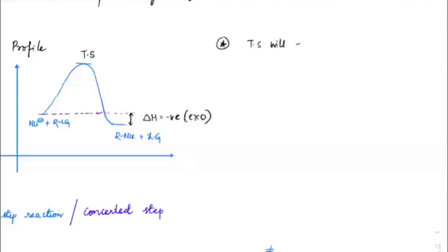And you know that is Hammond's principle. According to Hammond's principle, the transition state will always have structural similarities with its nearest neighbor. So in this case, for this transition state, the nearest neighbor is the reactant, which is the substrate here.